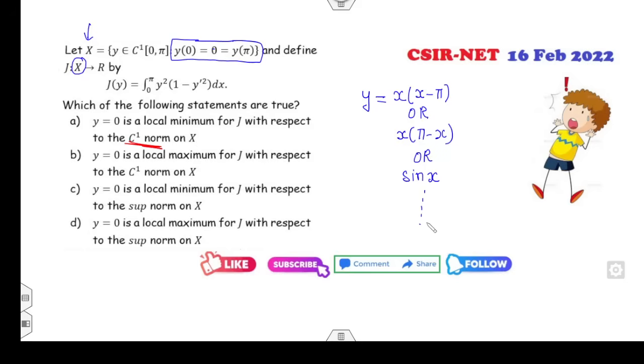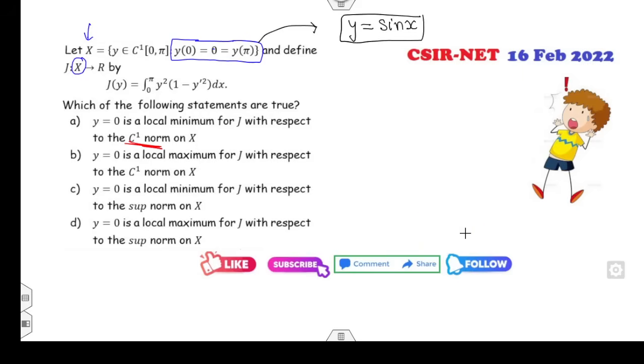Fine. This satisfied the given conditions. Is it okay? Choose anyone which you can make comfortable. So I am comfortable with the sine x. Fine. So I can choose the function y is equal to sine x. Is it okay?